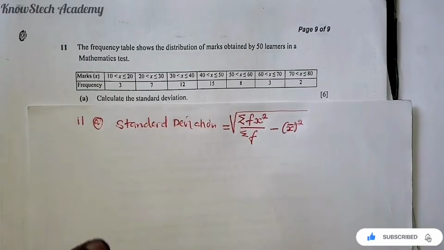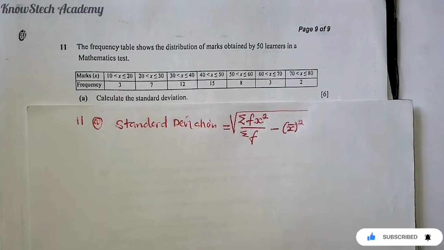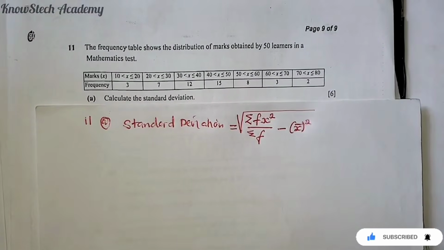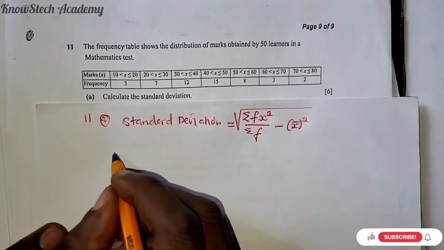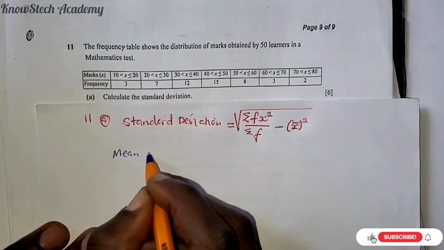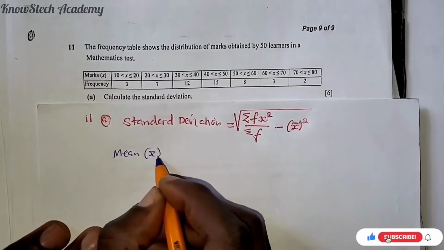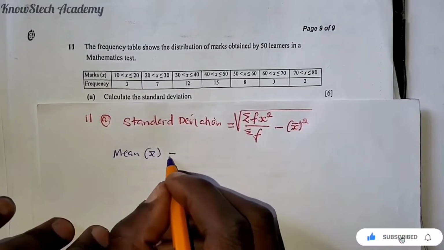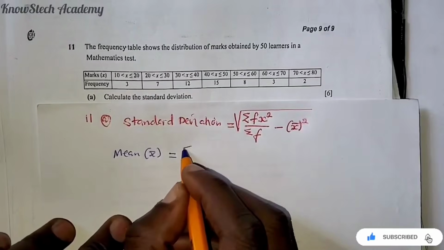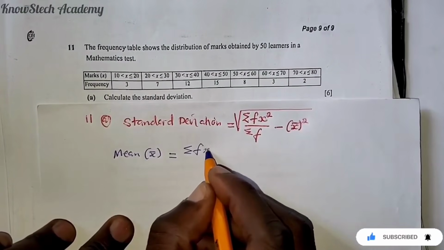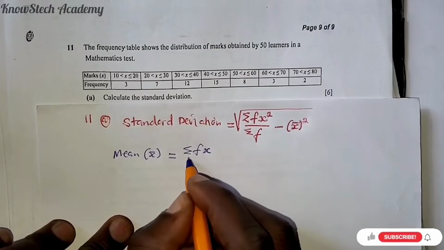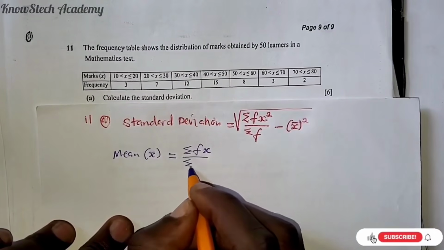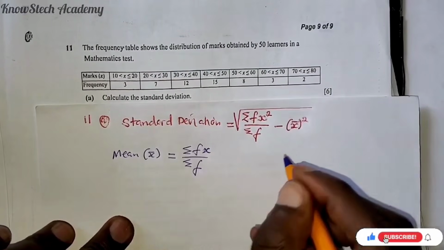To find this, we're going to first find the mean, which is x bar. The formula for finding the mean is summation of fx over summation of f.